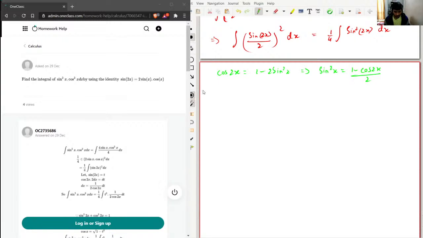So I was playing with red color. This will be 1 over 4 integral of 1 minus cos of 4x by 2 and dx.